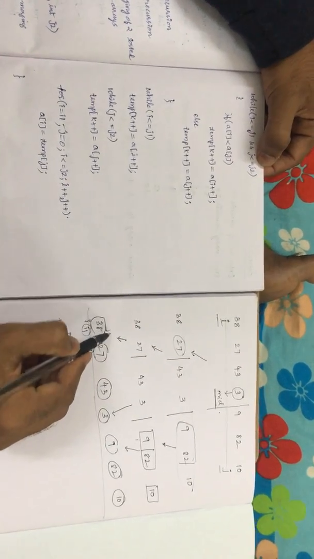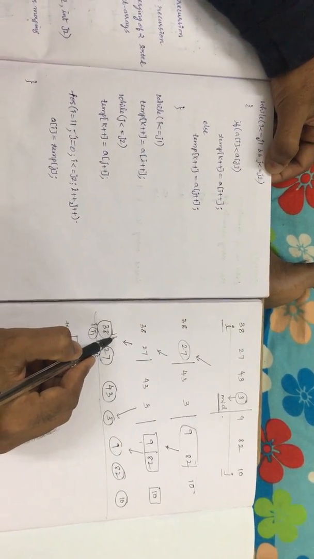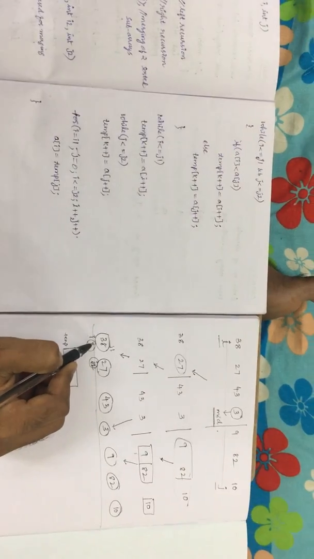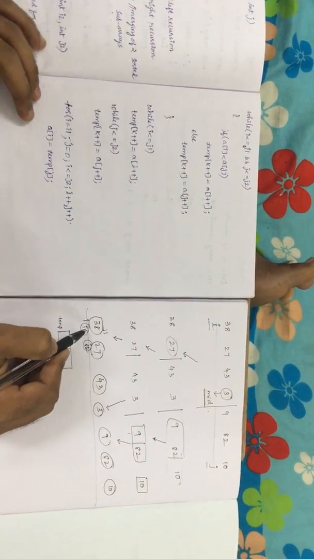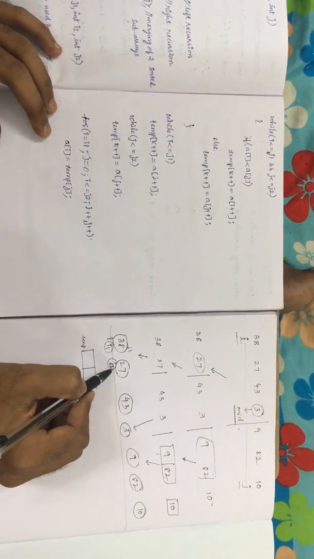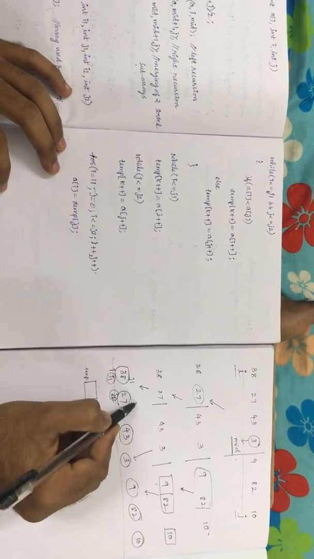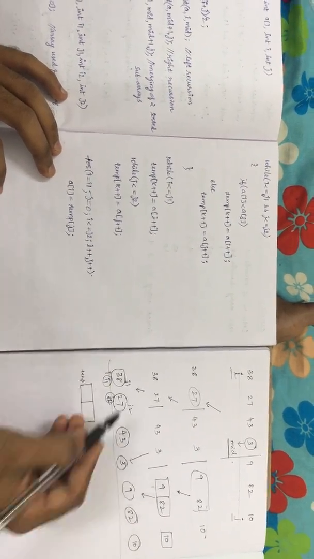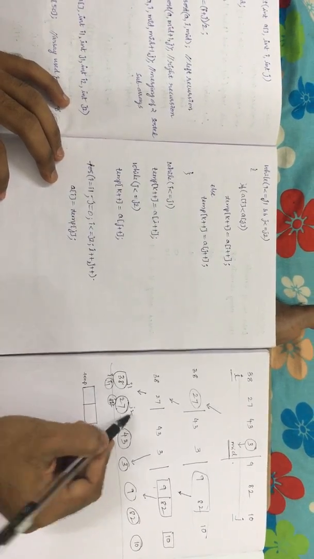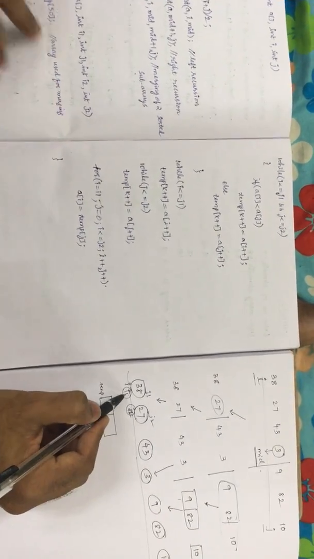That means I1 is the start of the left array, I2 is the start of the right array, J1 is the end of the left array, and J2 is the end of the right subarray. So we are making comparisons now.